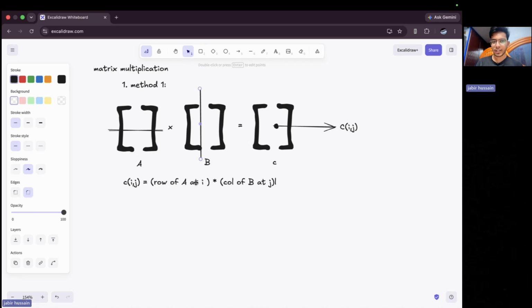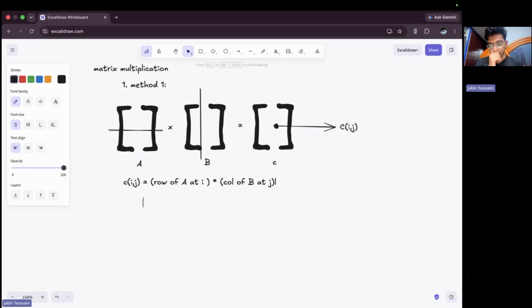So if I have to write this, let's say A of i comma 1 cross B of 1 comma j, plus A of i comma 2 cross B of 2 comma j, plus, and this will go on till I get the element A of i comma k cross B of k comma j. Is it correct?